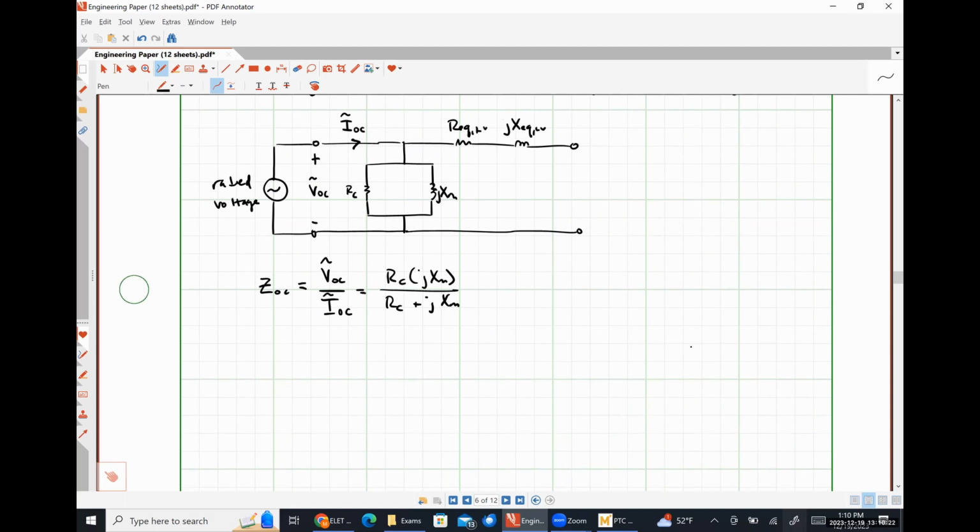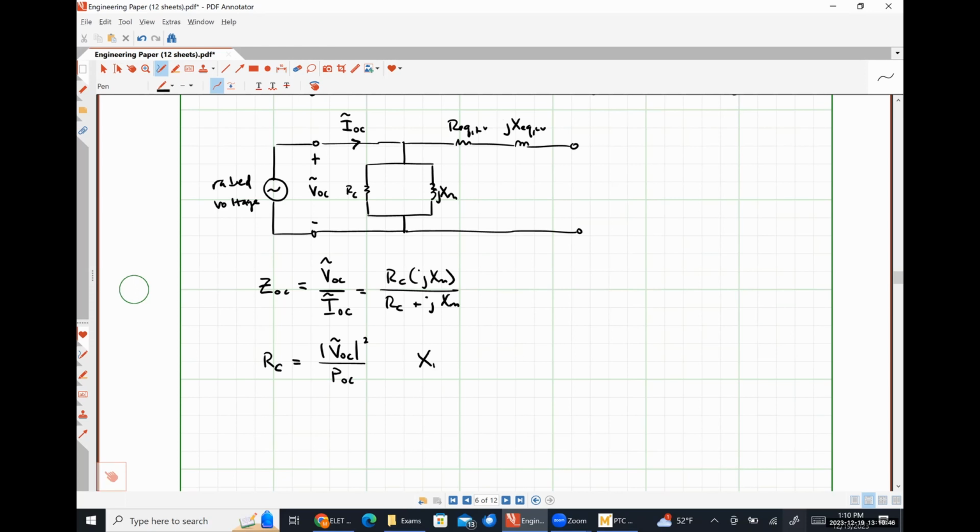And using some complex algebra I'm not going to bore you guys with, we'll find that RC will simply be our open circuit voltage magnitude squared divided by our open circuit power. So expressed only in terms of things that we're actually measuring, right?